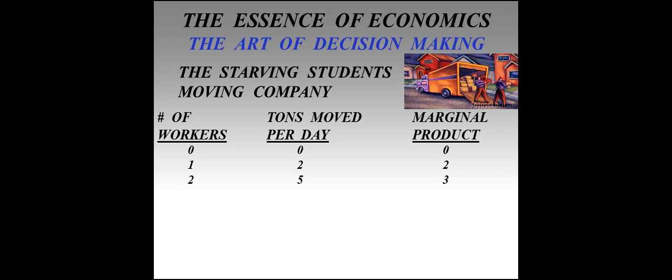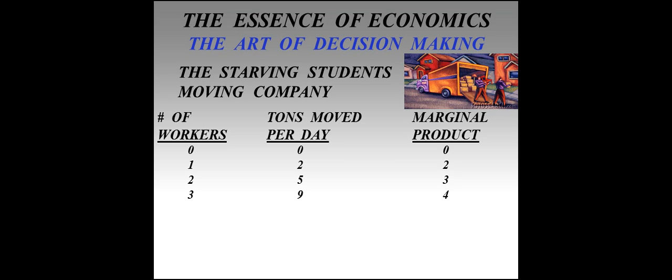Here they've added a second worker and they can now move 5 tons per day, a marginal product of 3. And as they add the third worker, we see an increase in total production and also our marginal or incremental production. Now at this point, they seem to be growing and they seem to be successful, and they're being more productive and obviously more efficient.